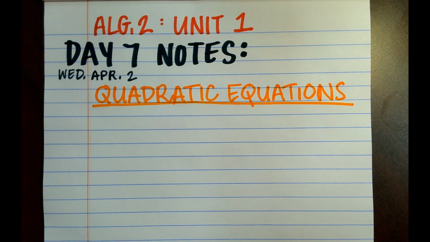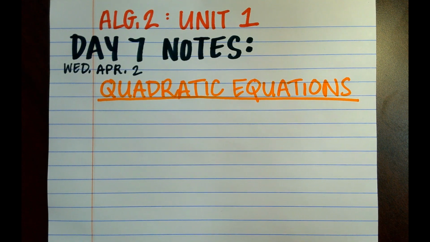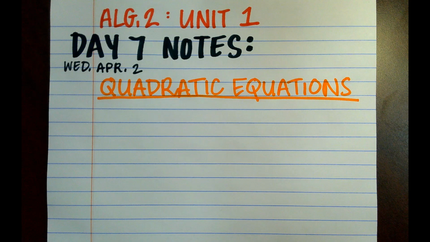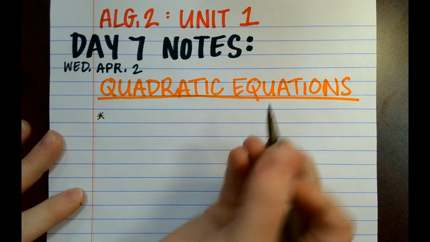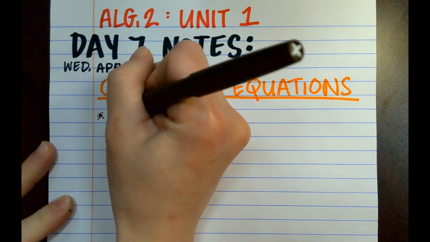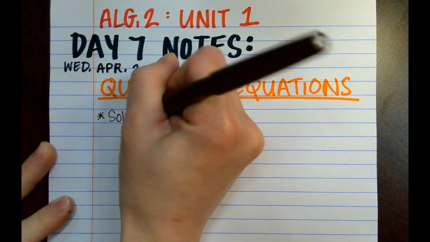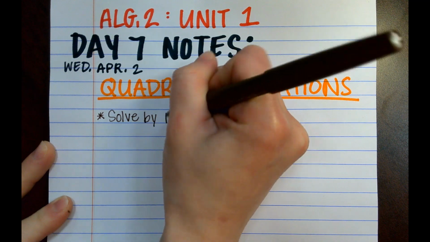So, quadratic equations, there are a few ways that we can solve them, but today we're going to start by just talking about why on earth we spent so long learning about factoring, because factoring is one of the first ways to solve quadratic equations. So, the first way to solve is solve by factoring.